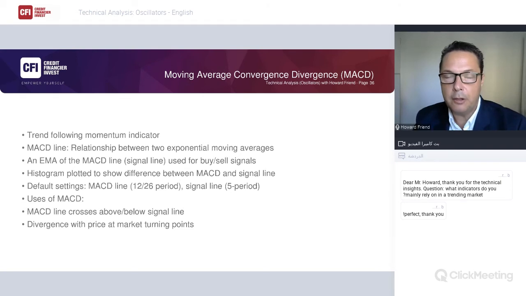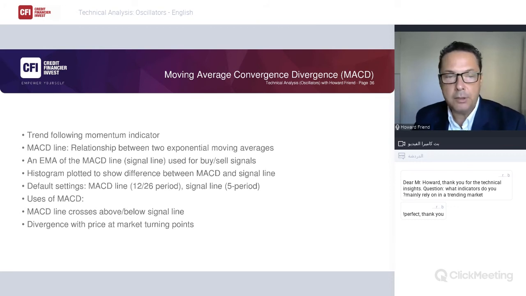So along with the MACD line and the signal line, you'll get a histogram which just shows you the difference between these two lines. The default setting for MACD uses the 12 and the 26 period exponential moving average, and the default setting of the signal line average is 5 periods.